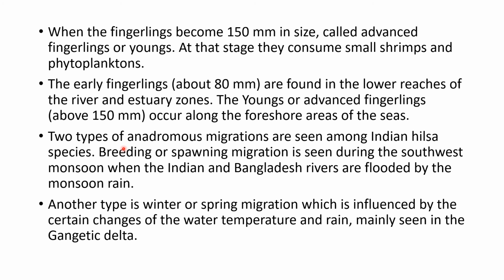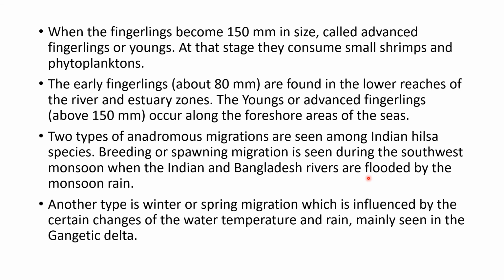The early fingerlings of about 80 millimeters are found in lower reaches of the river and estuary zones. The youngs or advanced fingerlings above 150 millimeters in length occur along the fresh foreshore areas of the seas. It means the beginning of the shore areas of seas.